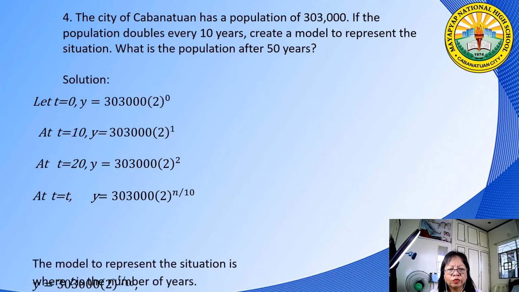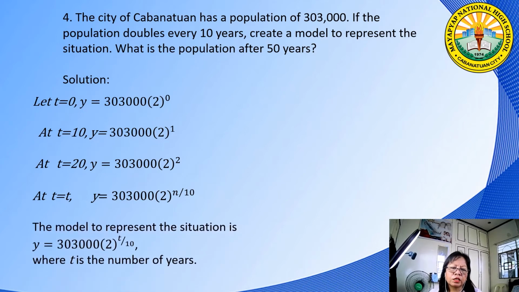The model to represent the situation is y equals 303,000 times 2 raised to t over 10, where t is the number of years.